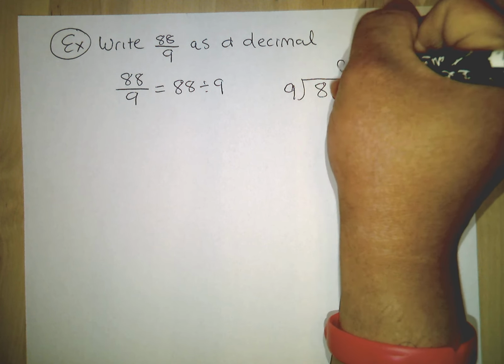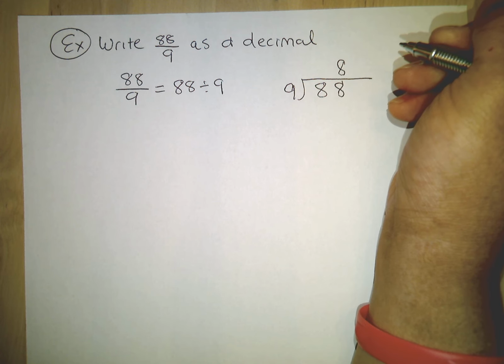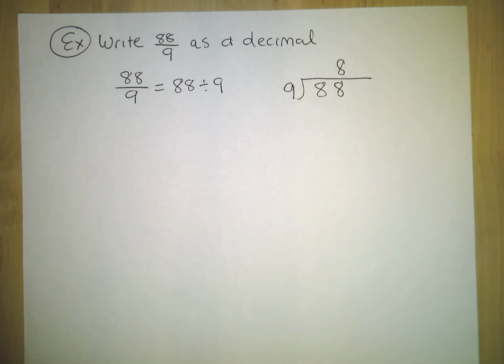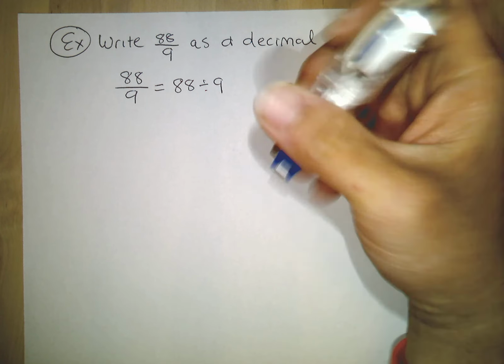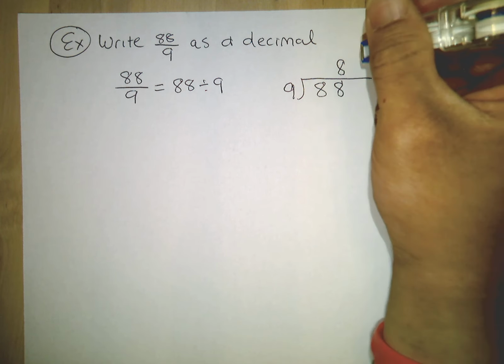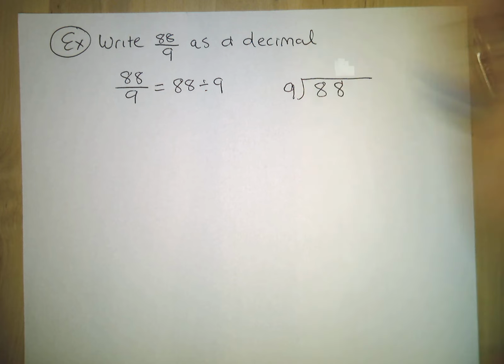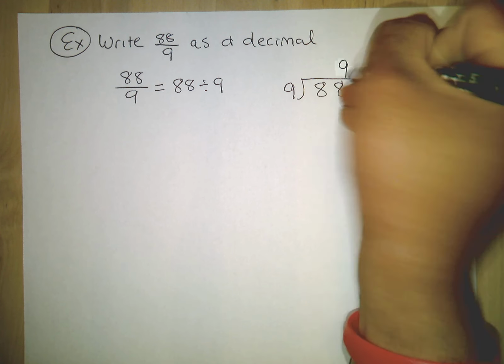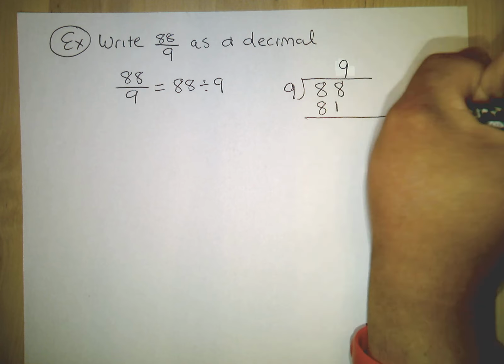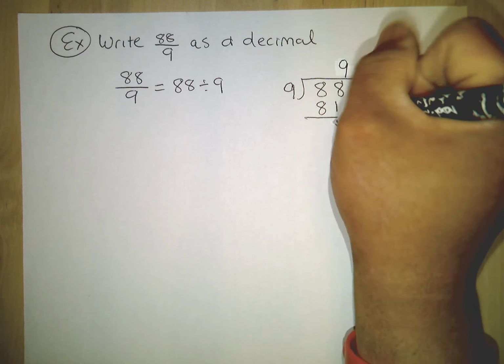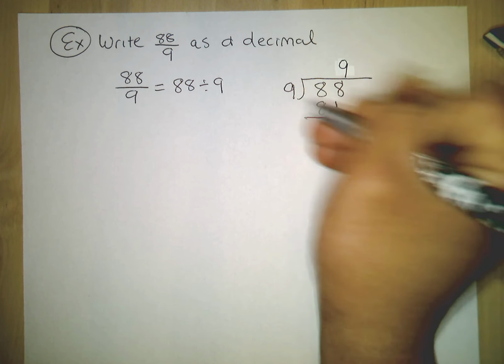Well, that would be 9 times, oh sorry, yes, 9 times. I think you knew that, right? 9 times 9 is 81, and 88 minus 81 is 7.